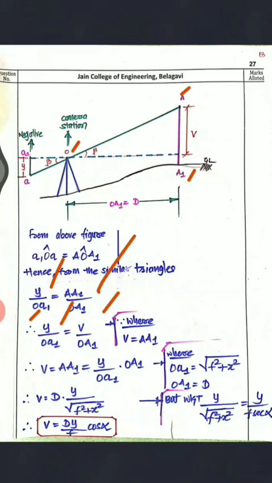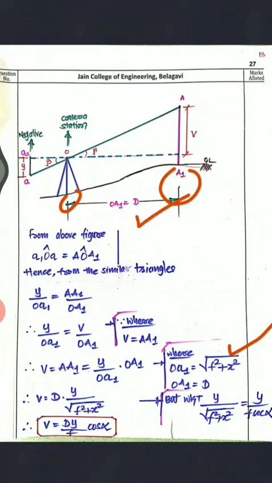We have termed AA1 as V here, so that is V divided by OA1. I have shown here that V is equal to AA1. We know that OA1 is square root of F square plus X square, and here this is O and this is A1, this is D, so OA1 is equal to D. So I have written that there.